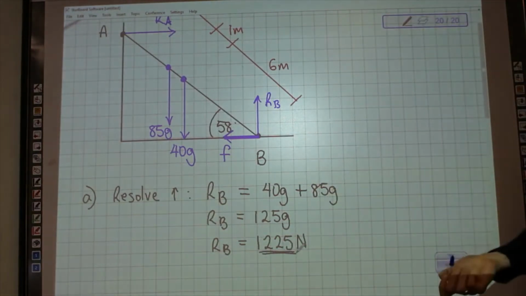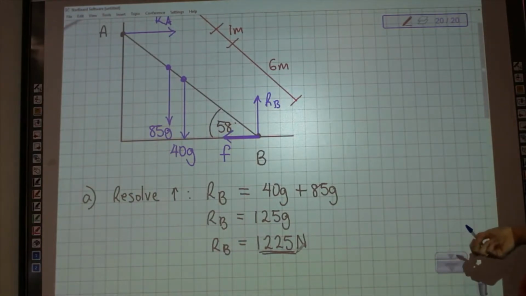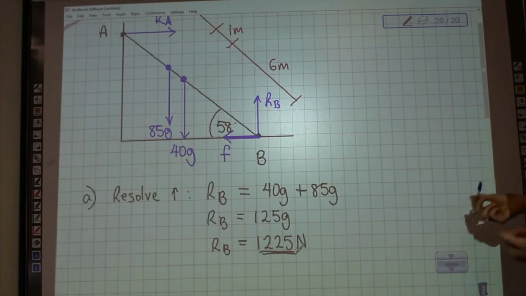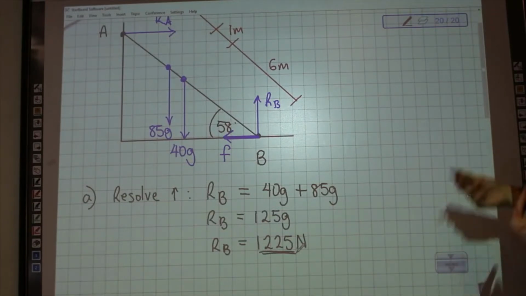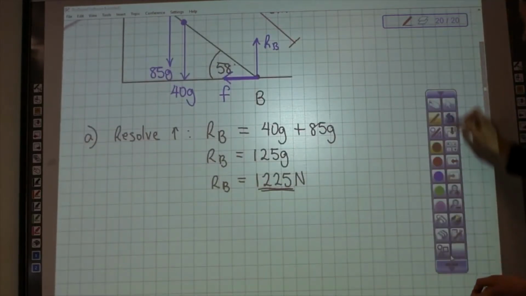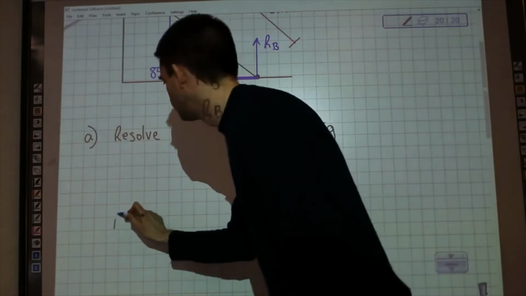So that is the magnitude of the reaction that we've been asked for. What we're now asked for is the magnitude of the frictional force. What I'm now going to do is resolve horizontally.